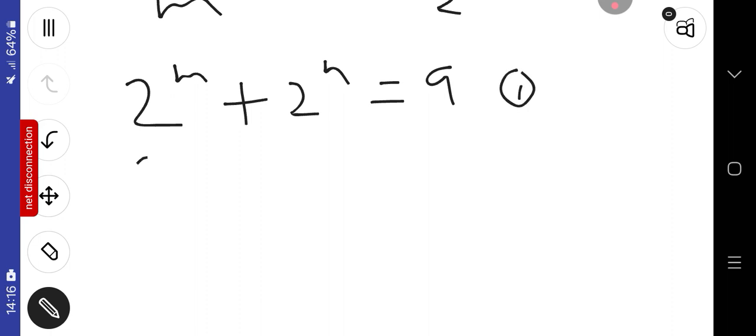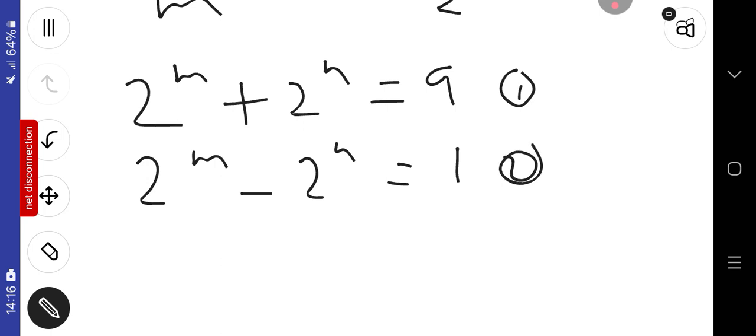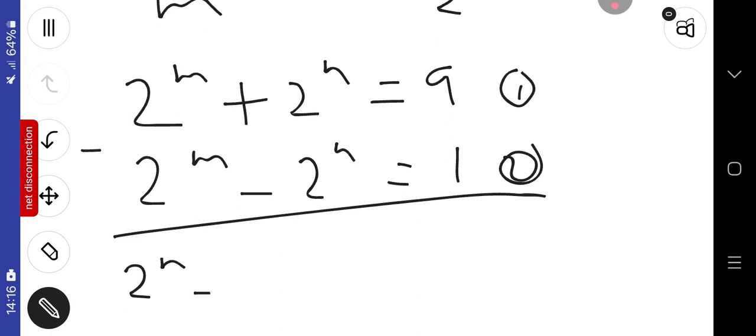And then we have 2 exponent m minus 2 exponent n is equal to 1. That is equation 2. Now this time we are not going to add them, but we are going to subtract them, so that we will be able to eliminate m. So 2 exponent m minus 2 exponent m will give you 0.